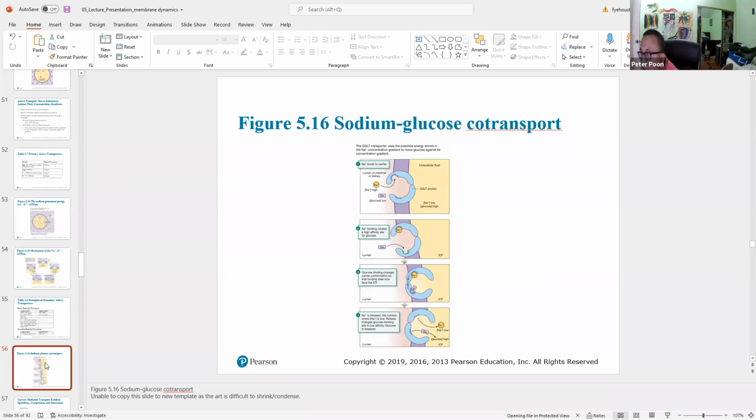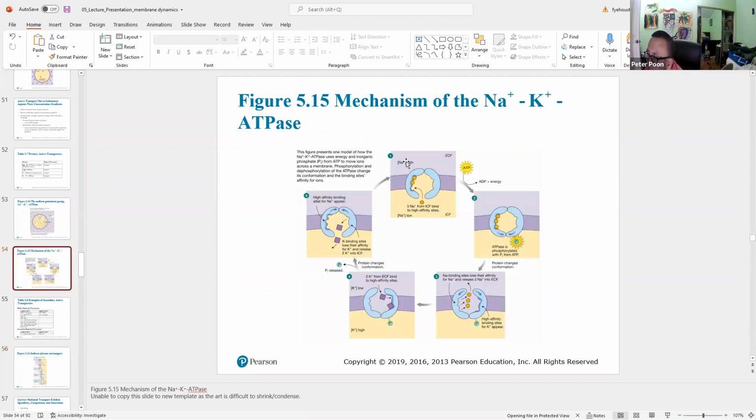So remember, right here, I have pumped all the sodium on the outside of the cell. So now I have a bunch of sodium dying to get in. I've spent a bunch of ATP now to get all the sodium on the outside.